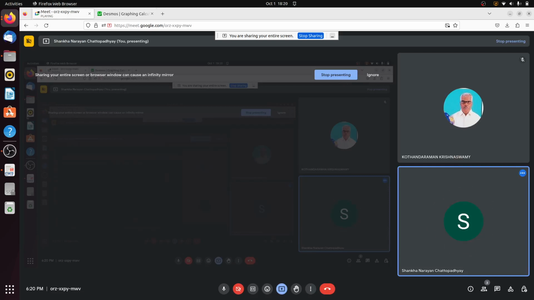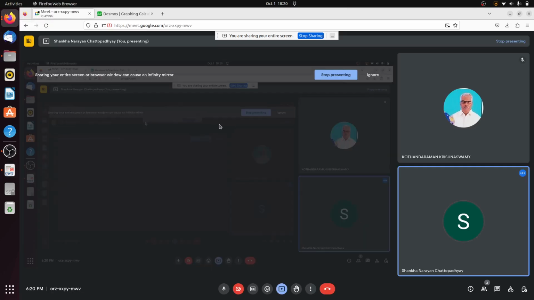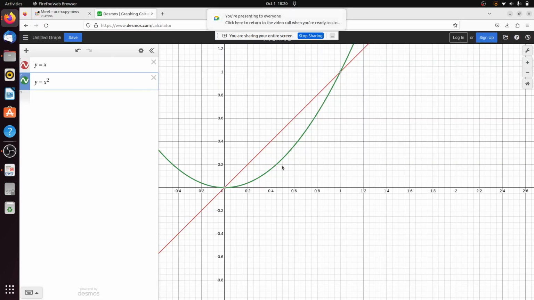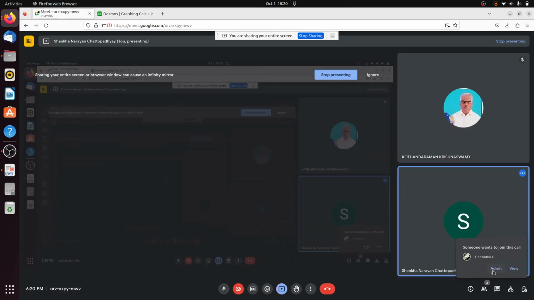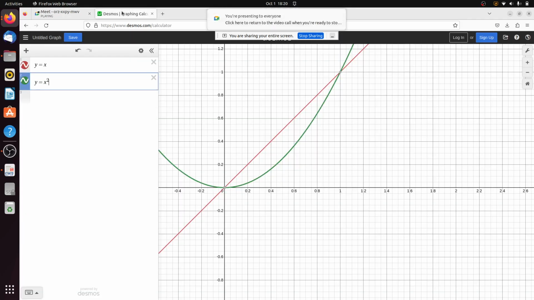So this slice is our domain of integration here. And for how the limits vary, you can take x equals 0 to x equals 1 and then vary y from x square to x.